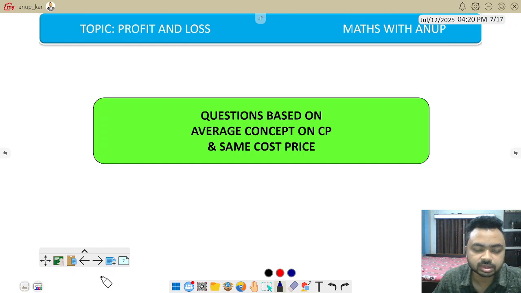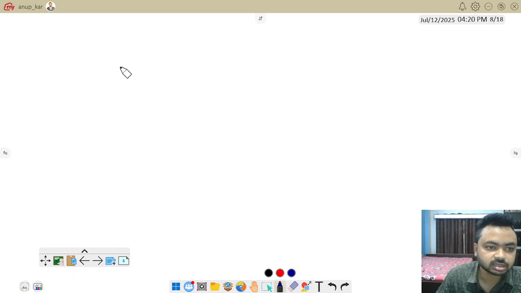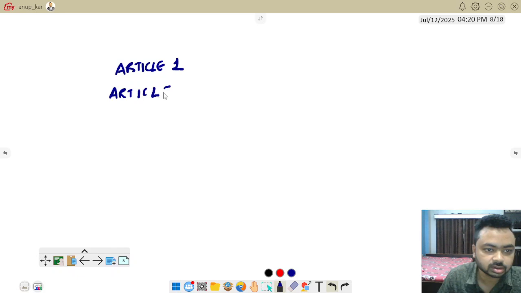Next is a different type of topic, questions based on the average concept of CP and same cost price. Let's understand this concept. There are basically three types of problems that we may encounter. I will be explaining it in a different slide. Suppose there is an article 1 and another article 2.